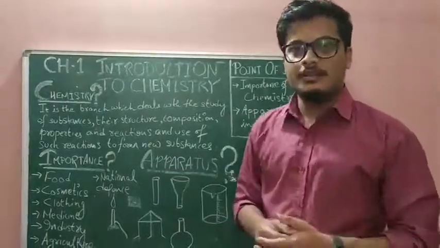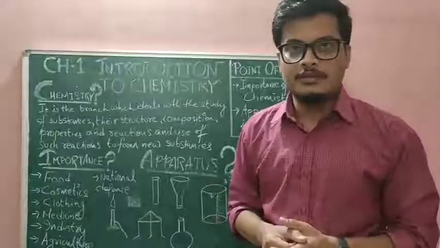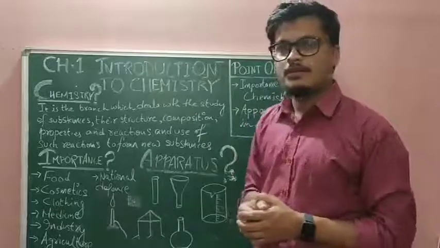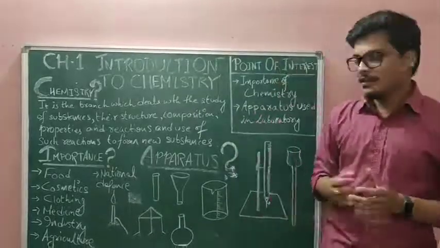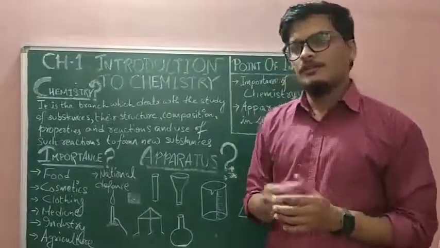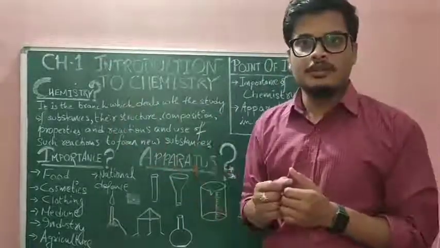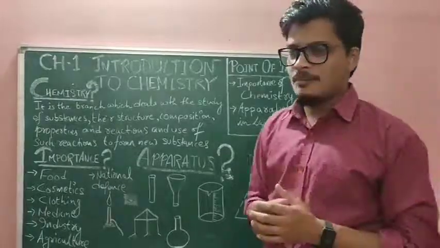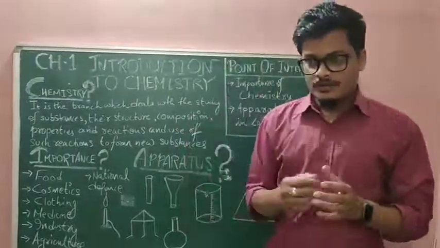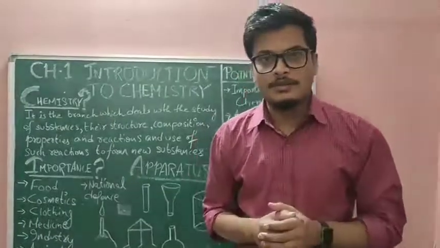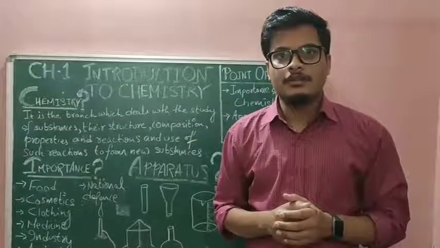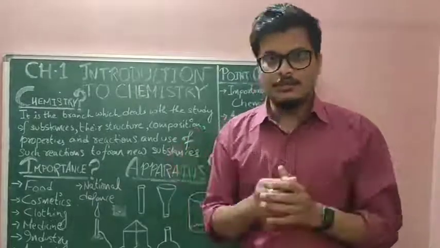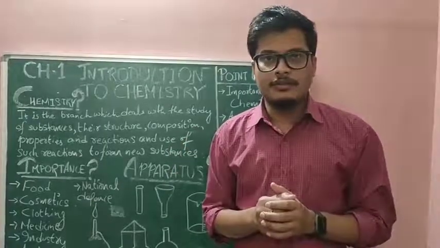Agriculture, like pesticides, fertilizers, we have to know the proper knowledge of chemistry to make the different pesticides that would be suited for that particular plant. Okay. National defense, we make bombs, we discover new guns, weapons. That is also made up of the combination of different chemicals to make that particular weapons.